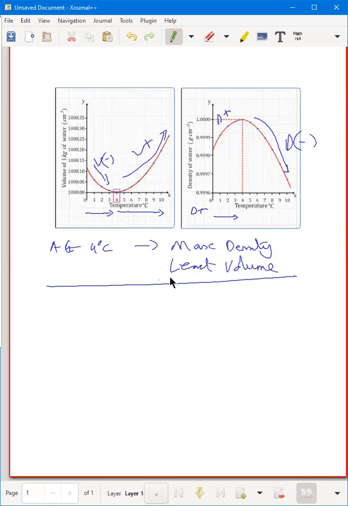Now, related to this concept, we have ice and water. Ice is lighter than water. You already know. Yes or no? Yes, sir. Why is that?